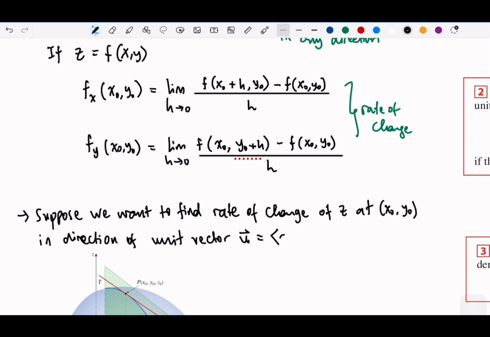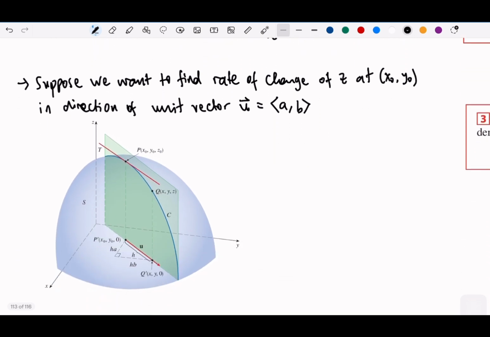Let's say this is the direction. If we take the picture, the direction is this according to the xy plane. So we have A, we have B, and this will be the direction. And suppose that this is the point that we would like to observe. And these points are correlated to our point here in the xy plane.